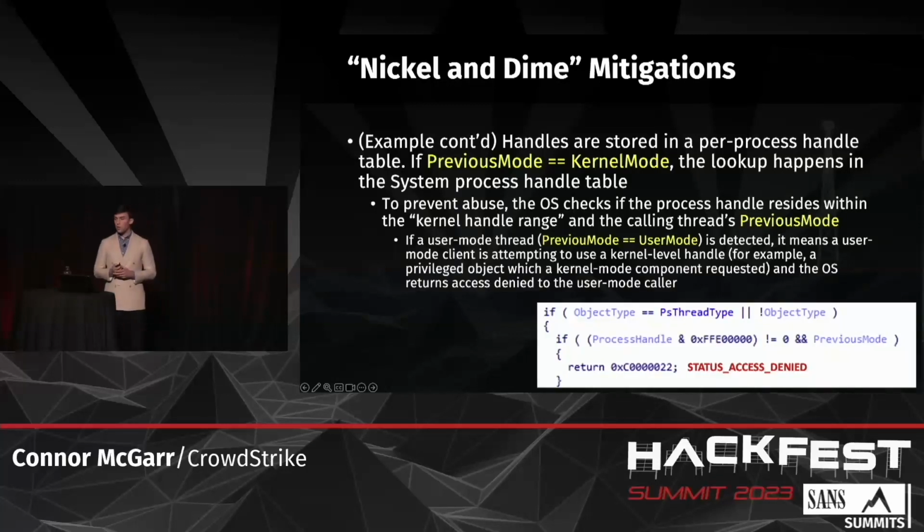And if previous mode is set to user mode, what does that say? It says a user mode caller is trying to access a kernel mode handle. That's sketchy. We don't want user mode clients to have access to these kernel mode objects, and a status access denied is returned. That's not the mitigation. That's a current implementation of what previous mode would be used for.